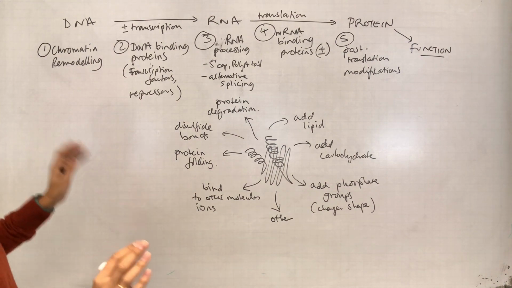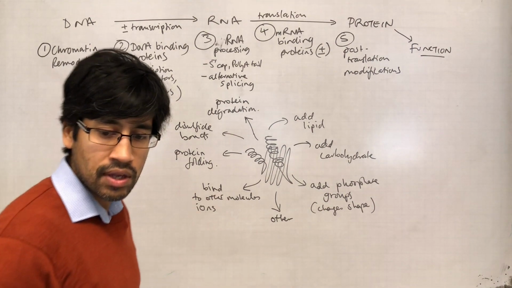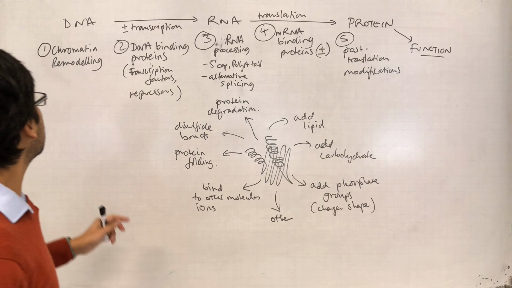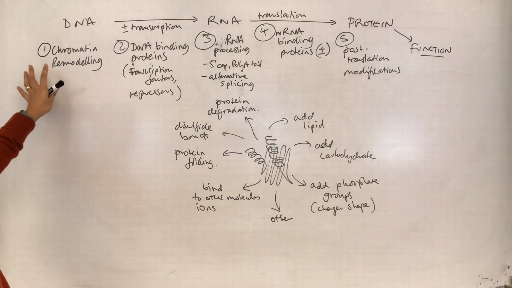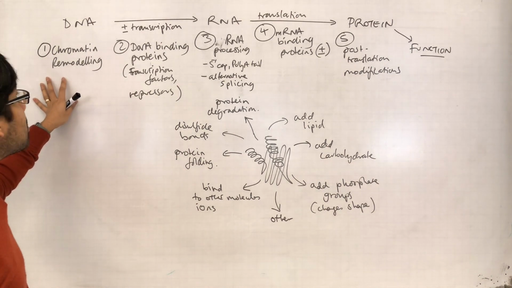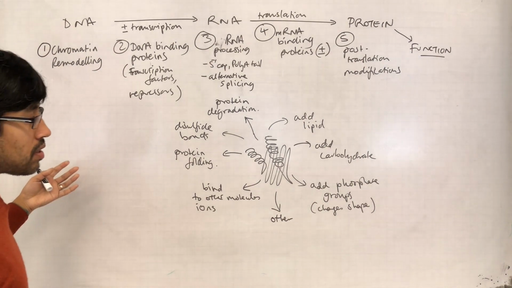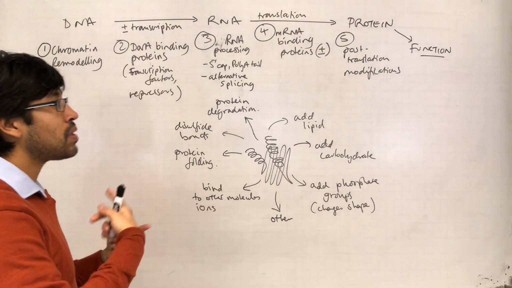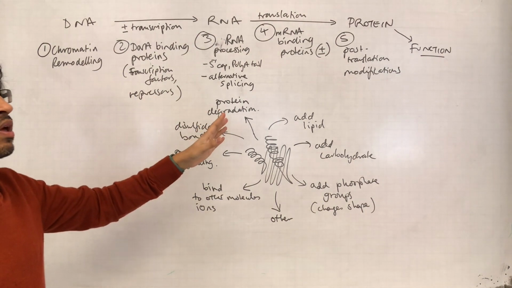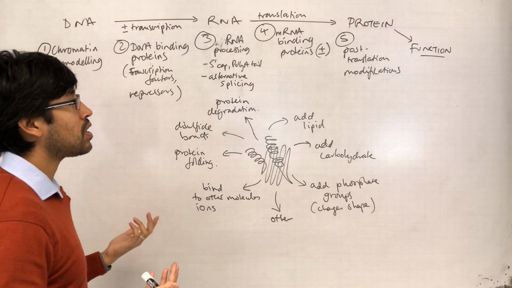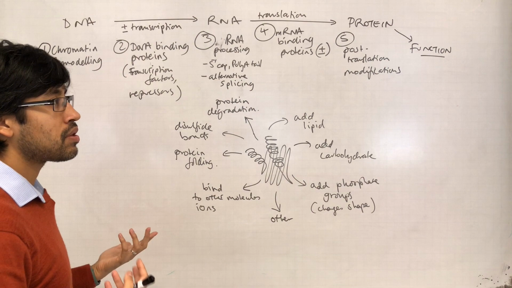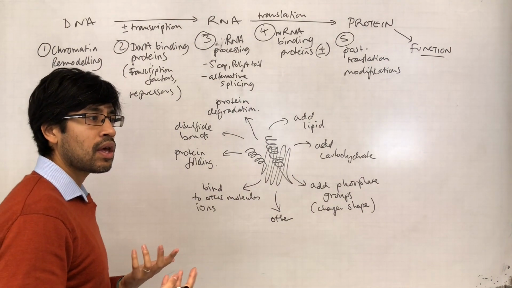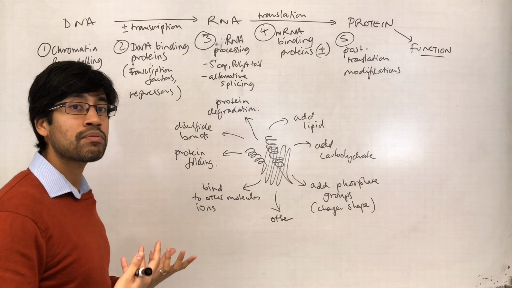Okay, so I hope that has been useful. As we can see, the story of gene expression is not so simple, and lucky that it is not so simple, because the more complexity that you add to the process, the more regulation you can have, and therefore the more complex an organism you can build, right?